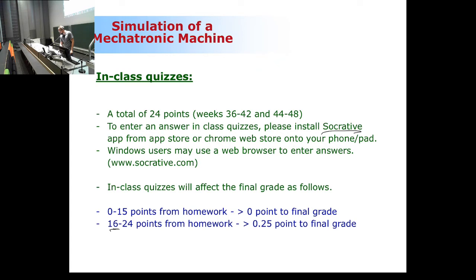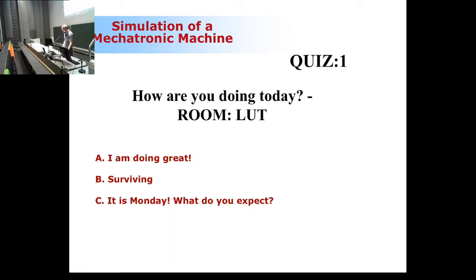Okay, I'm already here. So now, my first question is this, in-class quiz number one. How are you doing today? You know, this reflects the level of difficulty I have in my in-class quizzes. So how are you doing today? That's my first question. How you can enter your answer in this question?